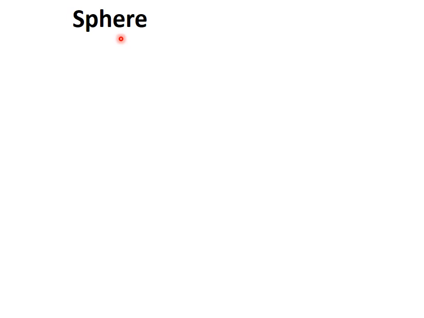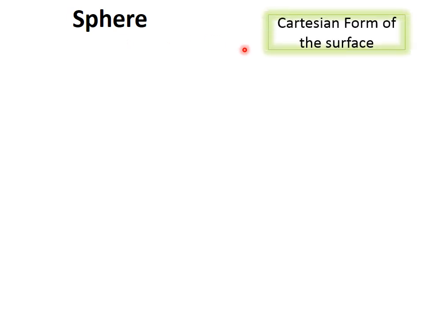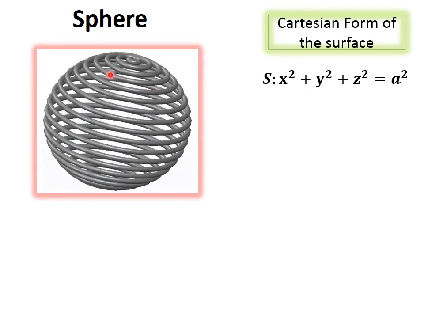Now we will see how to represent the surface sphere. The Cartesian form of the sphere is x square plus y square plus z square equal to a square. Most of you are comfortable in visualizing the surface sphere. It has angular variation in the xy plane, yz plane as well as the xz plane.